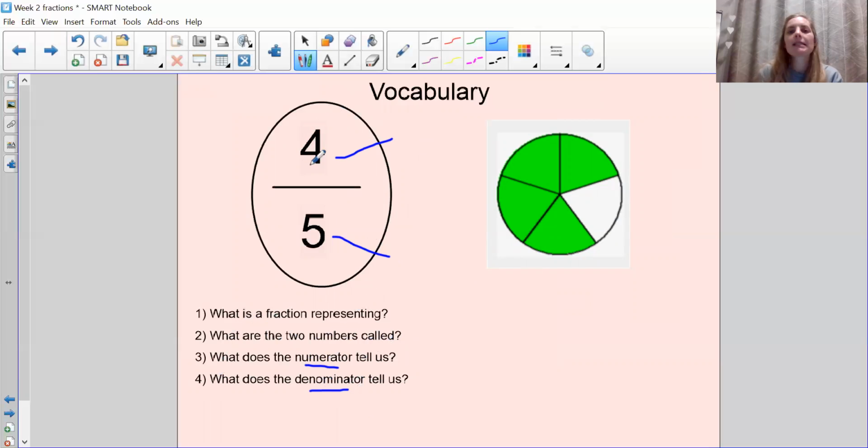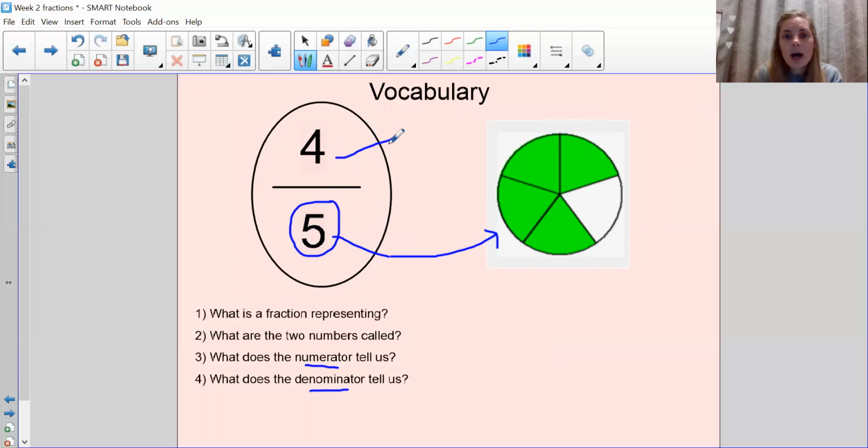What does the denominator tell us? Well, it tells me that I have taken a shape and I have divided it into this many equal parts. So I divided this pie into 5 equal parts. I've taken something, a shape of sorts, or a group of people, and divided it into 5 equal sections.